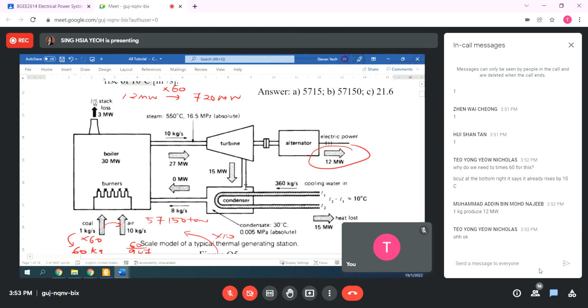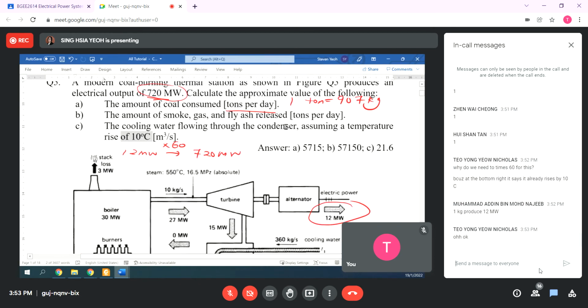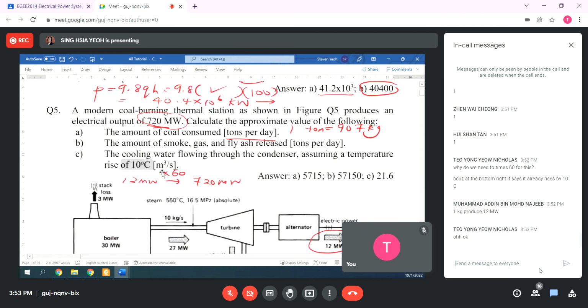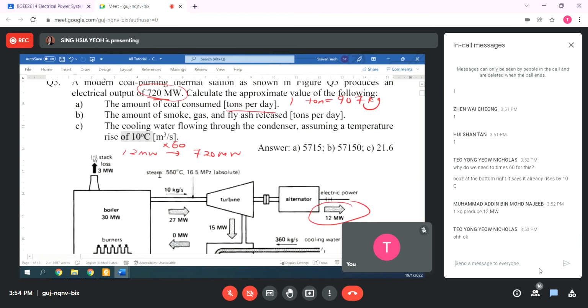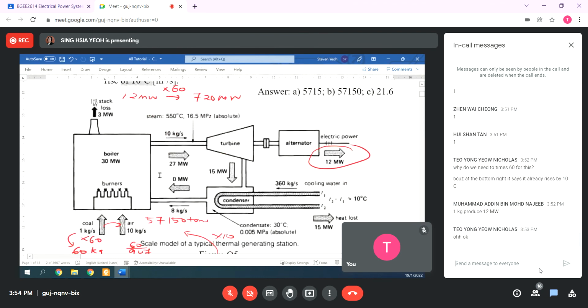It's just like a scale down diagram, and then it scales up everything to 720 megawatt, so it times 60. 1 kg here produces 12 megawatt. Is that what you mean?